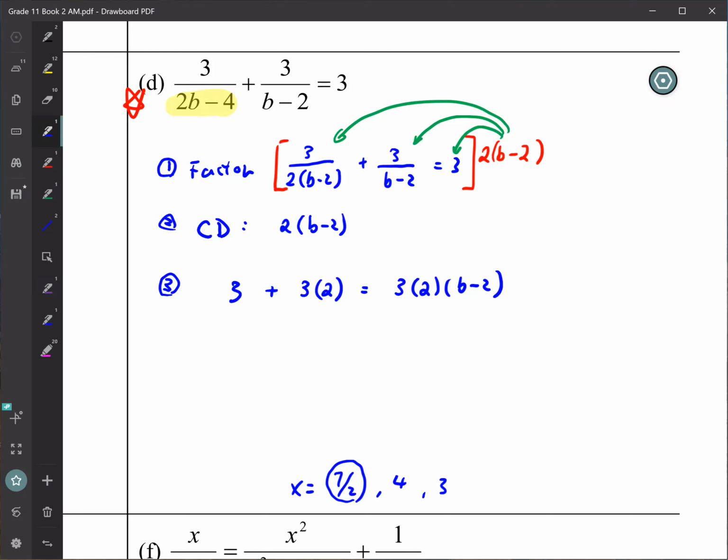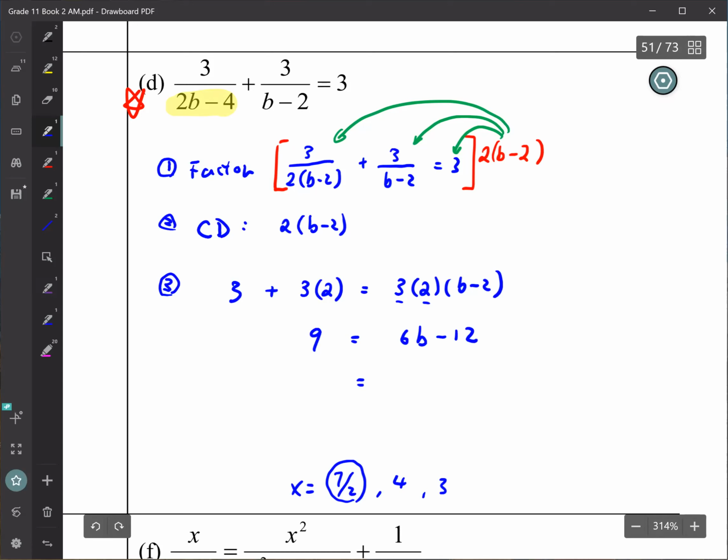Okay, so Nathan, did you see any mistake on yours? Yeah, I found a mistake. Okay. Right, and then after this, just simplifying, right? So you get 3 plus 6, that's 9 here. This one is 3 things multiplying, okay? So we can do 3 times 2 first, that's 6, and then 6 goes in. So 6b minus 12.